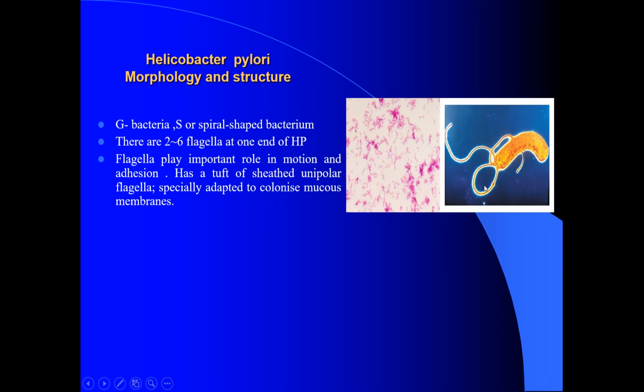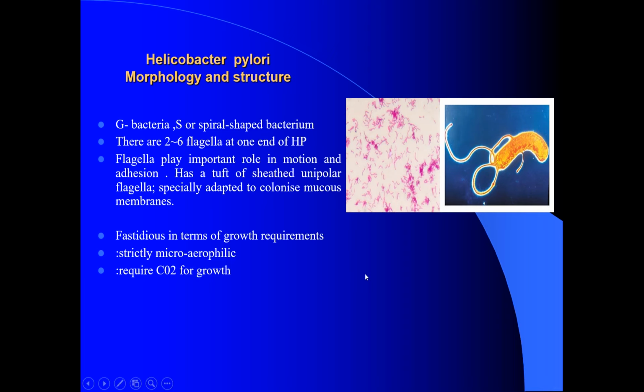نسميها sheathed unipolar flagella. It is very important flagella used by the bacteria to destruct the mucous membrane of the stomach. طبعا الكاركترستيك فيتشر الأخرى لل H. pylori تكون هي fastidious bacteria mean that it needs a very enriched media. طبعا هي microaerophilic required CO2 for the growth.